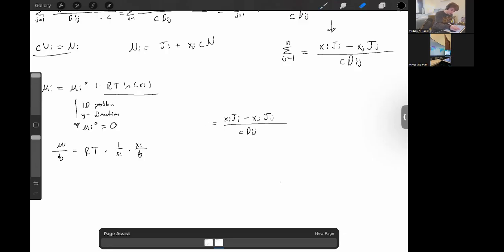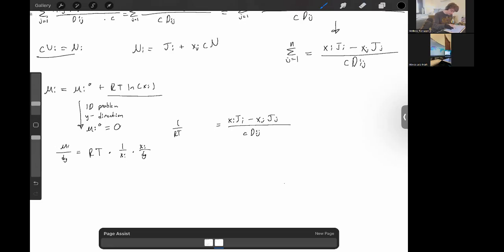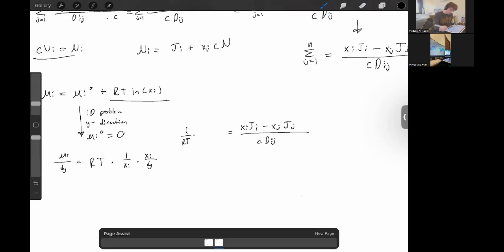I'm going to write this as 1 over RT, multiplied by our chemical potential with regards to some distance, and then multiplied by some mole fraction, right?